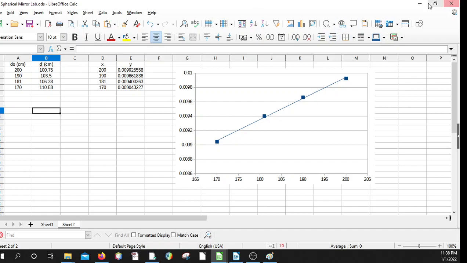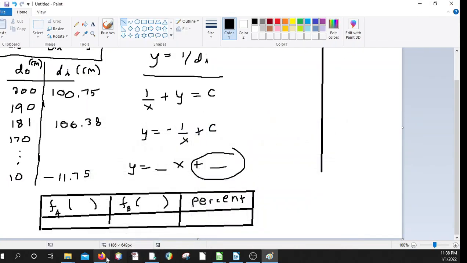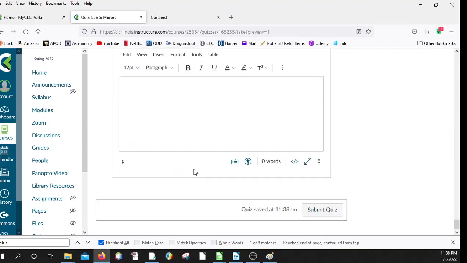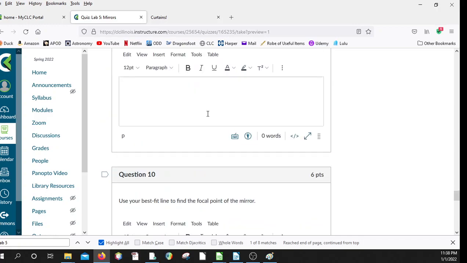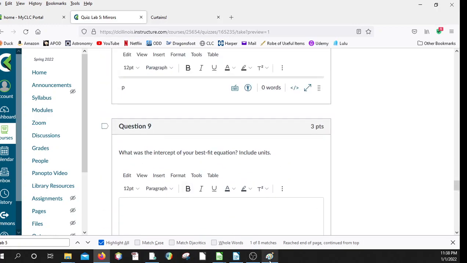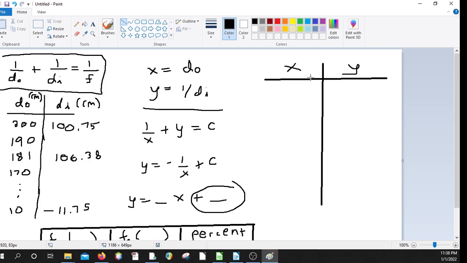Yeah, basically that's the last thing you want to do then, is upload this table. So again, always give a name and a description of any table. Like in this case, it would be table 2 or table 3. Like we had this here where this is table 1. I guess you could call this table 2, but you don't need to upload it because you already told me what substitutions you made.